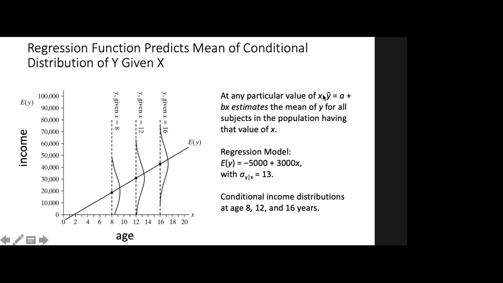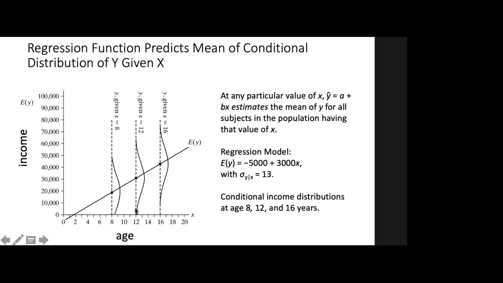So our regression model, expressed by this equation, estimates the mean of all subjects in the population that have this age. So for age 8, our regression model estimates the mean income of all individuals that are 8 years old in our population.